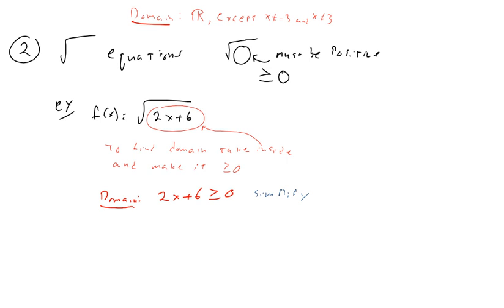And I want to simplify this. I want to get the x by itself. So minus 6 on both sides. I'm going to get 2x greater than or equal to negative 6. Divide by 2, divide by 2. I'm going to get x greater than or equal to negative 3. And that would be my domain.